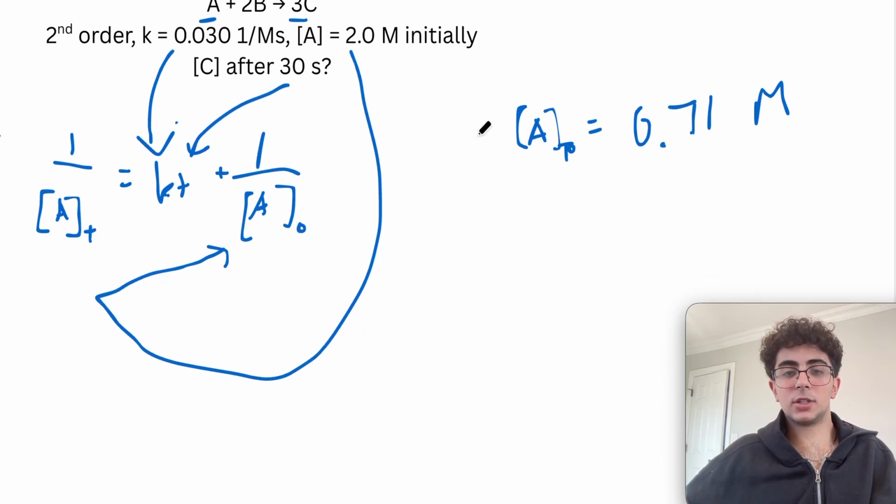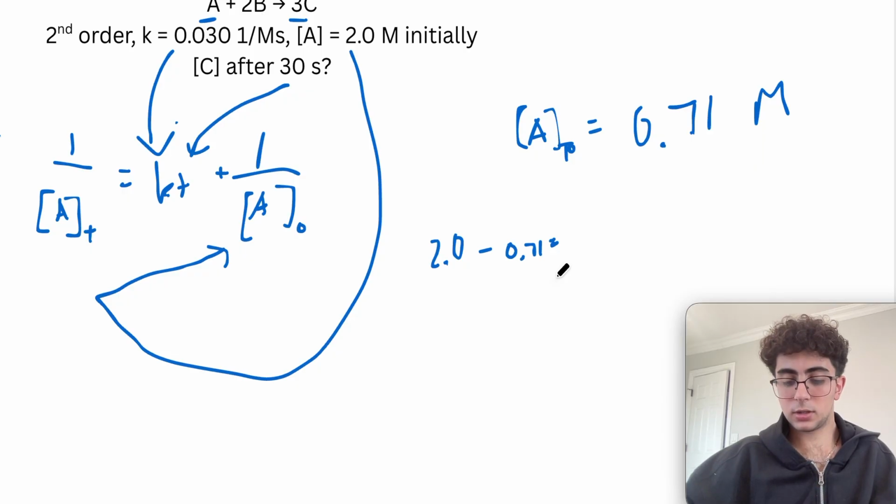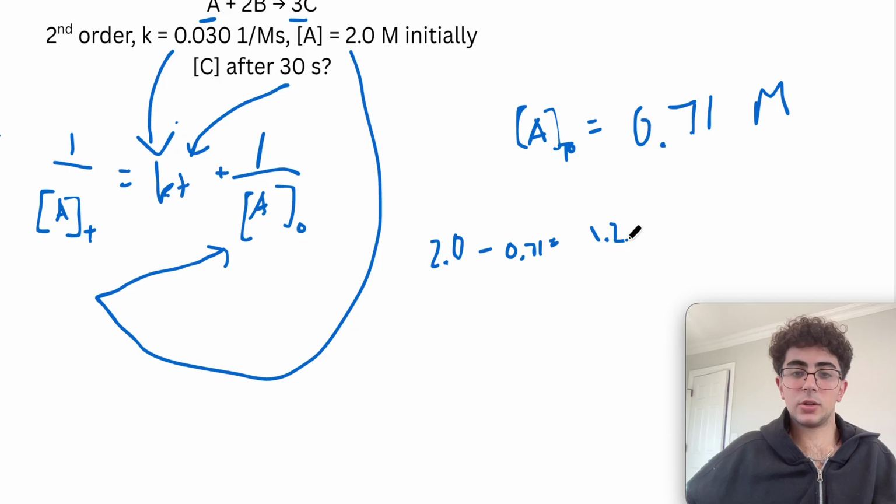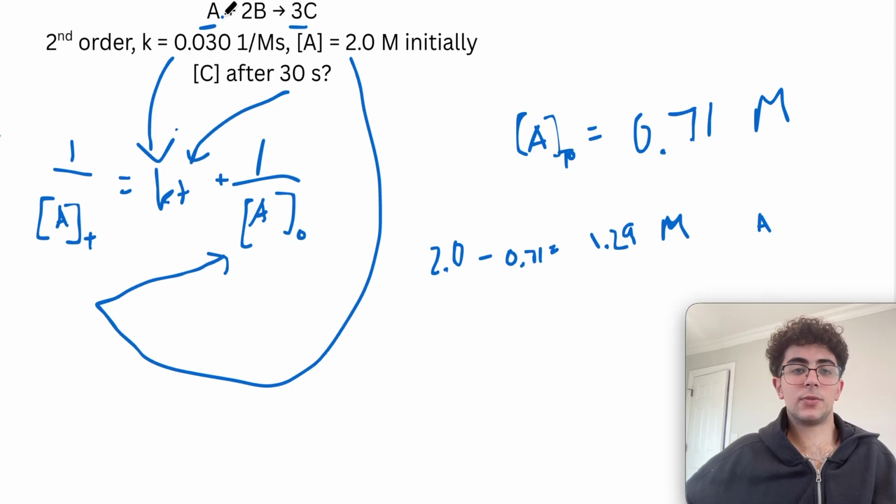So the way we do this is we see how much of A was consumed. A started at 2 molarity, and now it's at 0.71. So 2 minus 0.71 gives us about 1.29. That's how much molarity of A was used up. Now remember, as shown in this balanced reaction, for every 1 mole of A that reacts, 3 C's are formed.